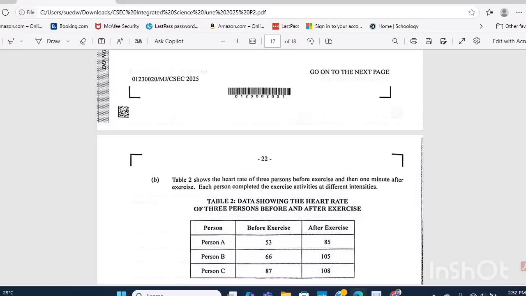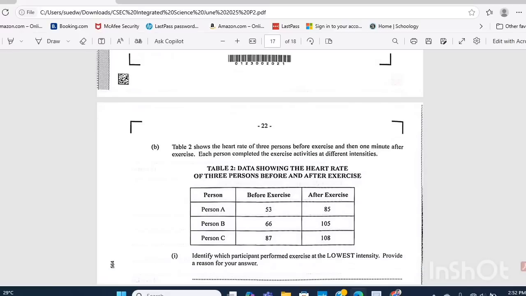So it says table 2 shows the heart rate of 3 persons before exercise and 1 minute after exercise. Each person completed the exercise activities at different intensities. So it says identify which participant performed exercise at the lowest intensity and provide a reason.